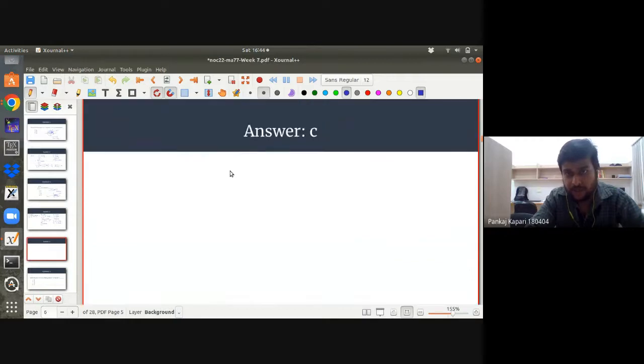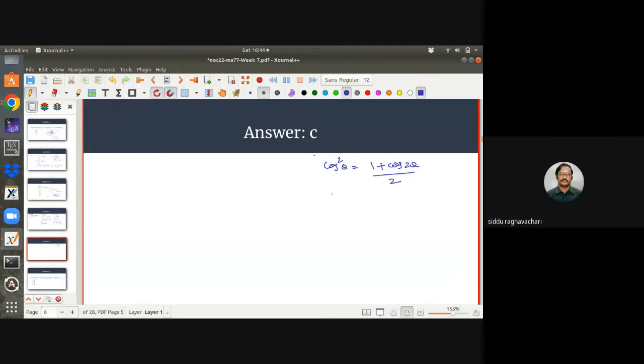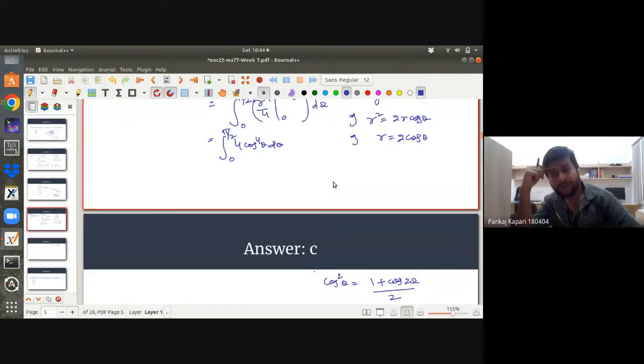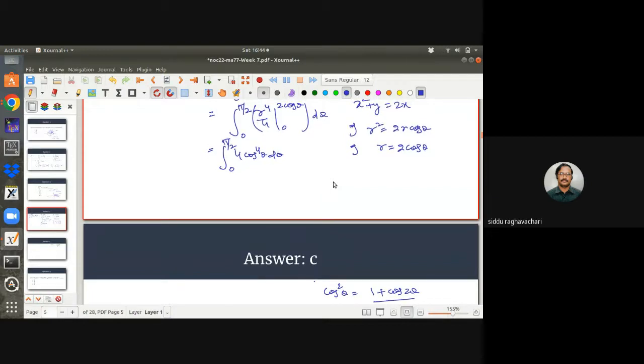Okay, so what is cos square theta? This is 1 plus cos 2 theta divided by 2, right? I think it is not necessary to integrate. It is cos to the power of 4 theta. That means 4 into 3 by 4 into 1 by 2 into pi by 2.